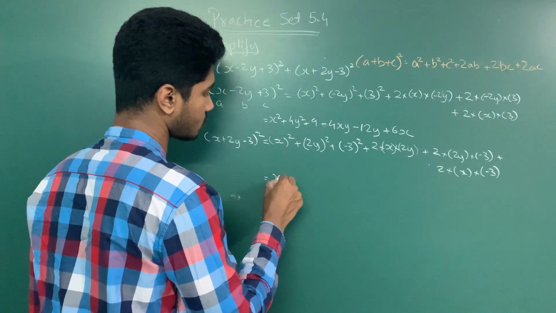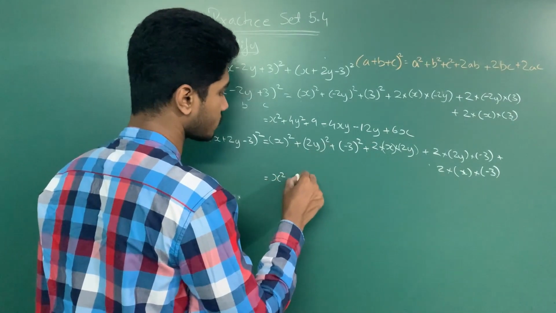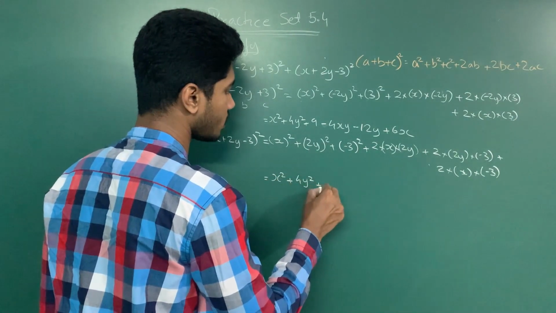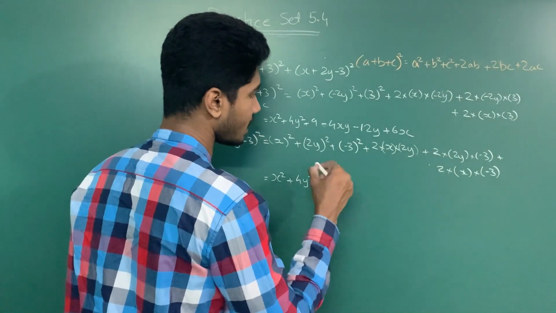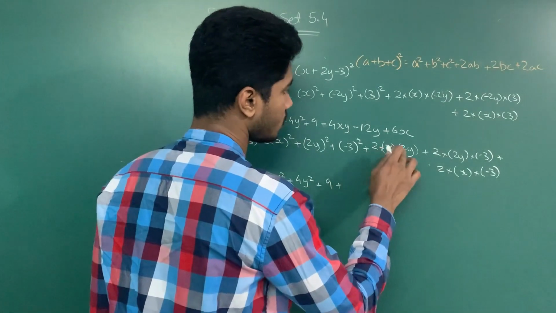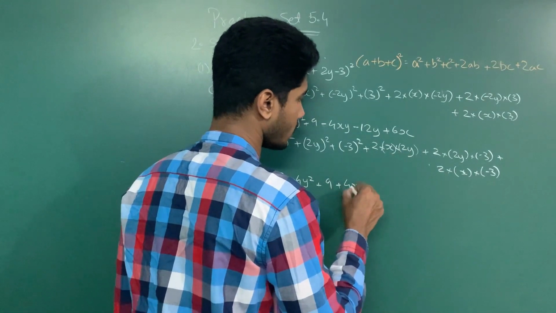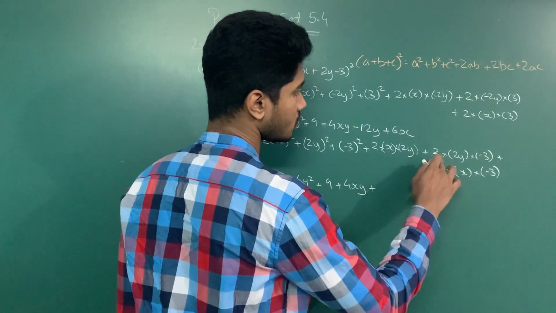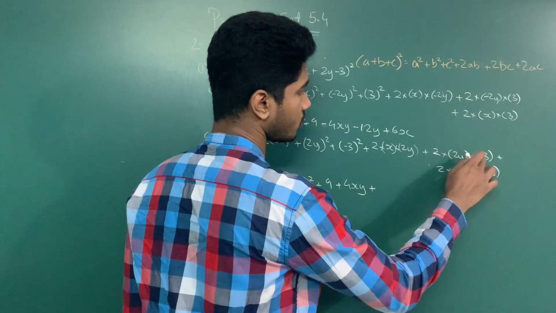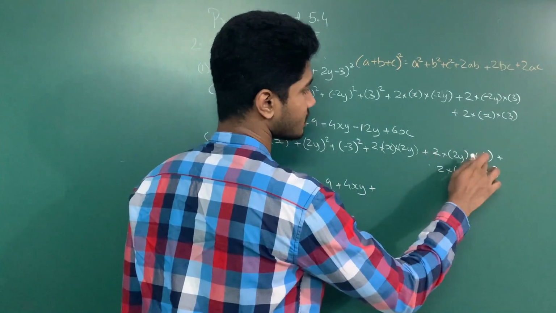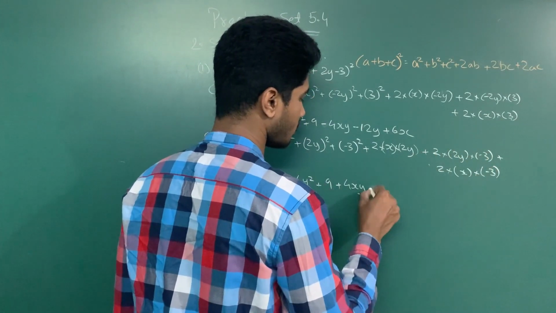So you get x square plus 2y the whole square will be 4y the whole square, minus 3 the whole square will be 9, plus 2 into 2 will be 4xy, plus 2 into 2 is 4, 4 into 3 is 12, minus sign, so plus minus will be minus.